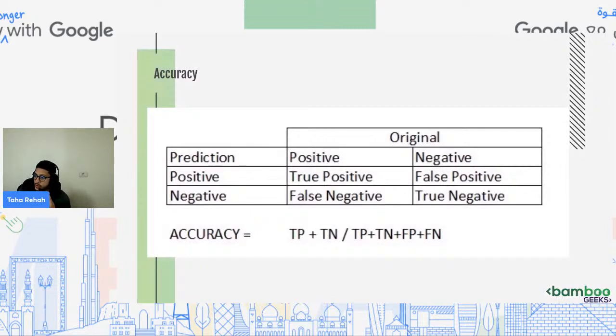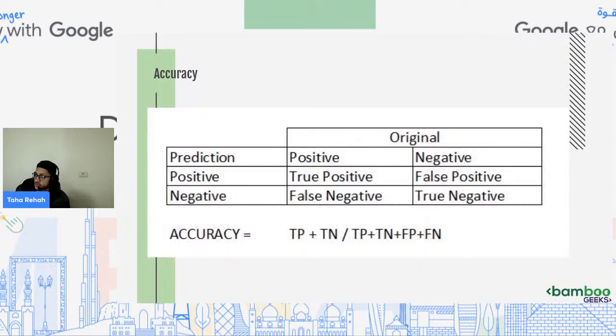Because it's calculated as the sum of true positives and true negatives, out of the sum of all the predictions. Basically, the accuracy is how many correct predictions I made out of all the predictions that I made.